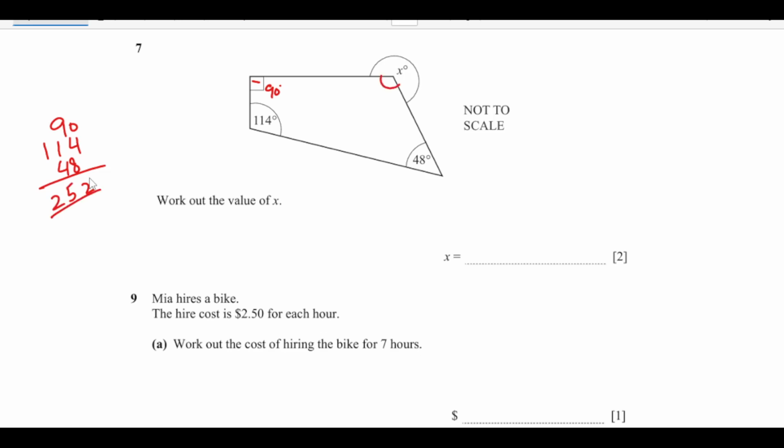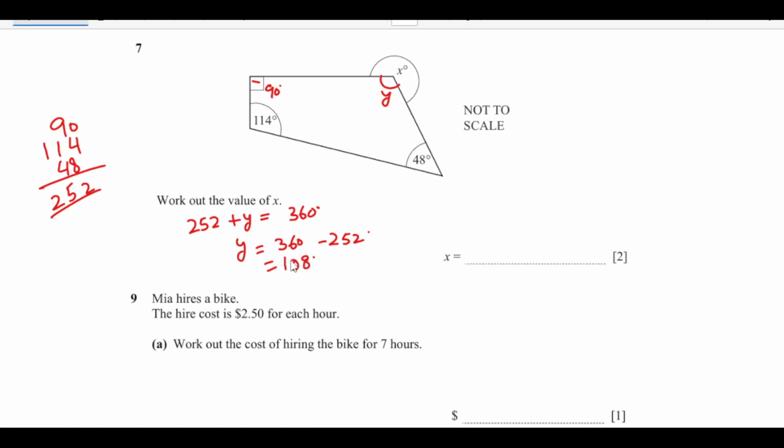Then we can find out this angle. Let's say this angle is angle y. So 252 plus y is equal to 360, because the sum of all 4 angles of the quadrilateral is 360. So from here we can find the value of y: 360 minus 252 comes out to be 108.